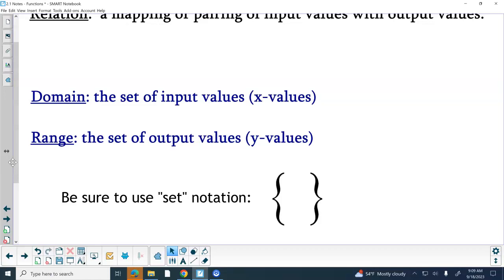Okay? Now, I think these are technically called braces. They're not brackets, they're not parentheses. I can't draw them. I just can't.